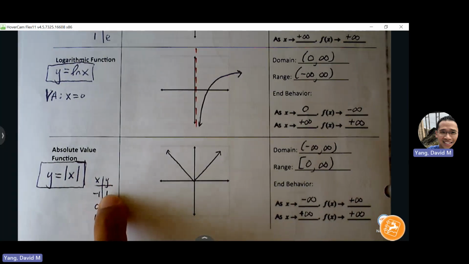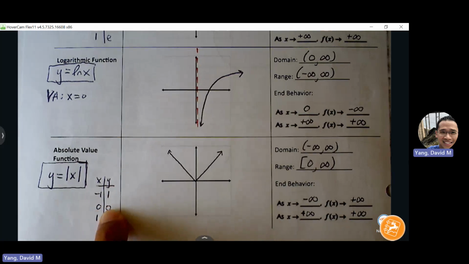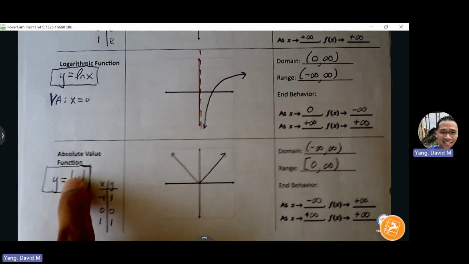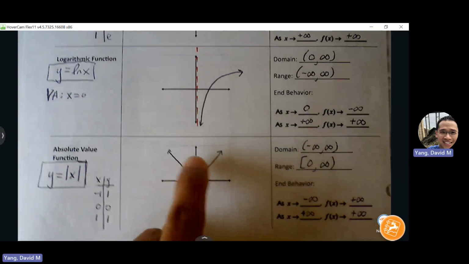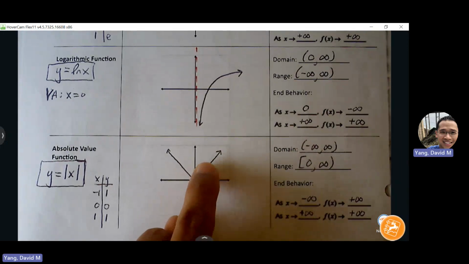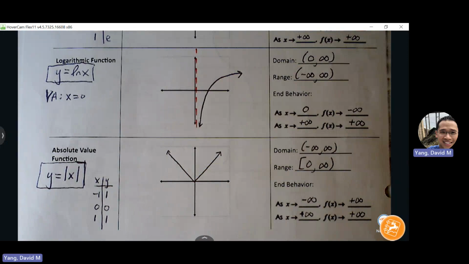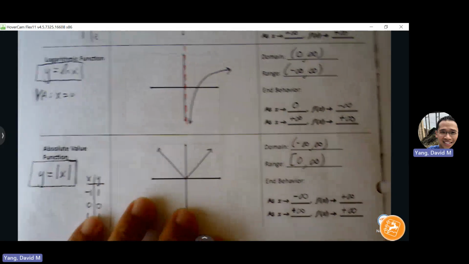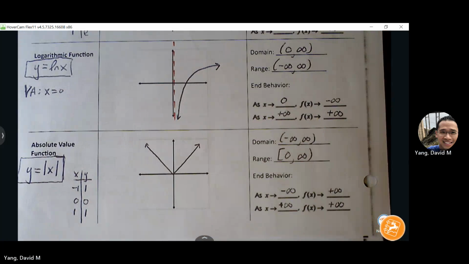So -1 has a y value of 1. 0 is still 0. If I plug in 1, 1 is already positive, so it'll stay as 1. So -1, 1, 0, 0, and 1, 1, those 3 points already form a small V. If you just connect those dots, you can see it's going to be a V-shaped graph.